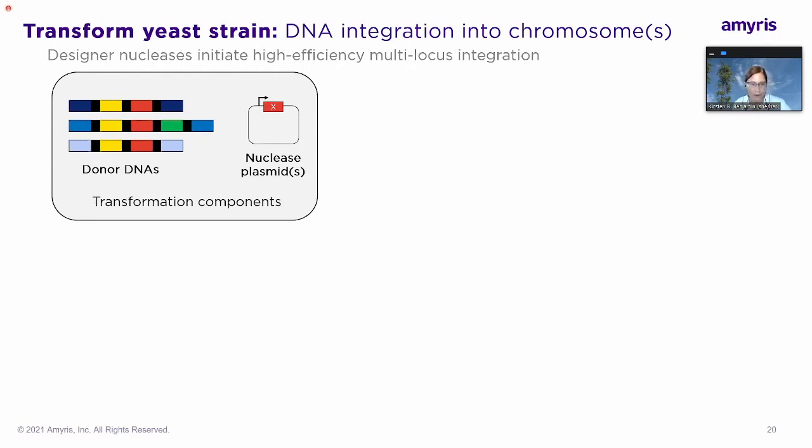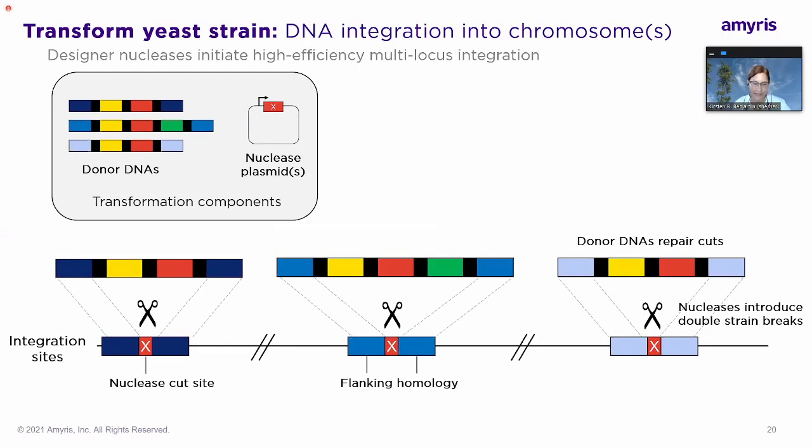The transformation components often include multiple donor DNAs and one or more plasmids that encode a nuclease. The nucleases then cut the chromosome in one or more locations. For example, here I'm showing 3 chromosomal locations that are simultaneously engineered.